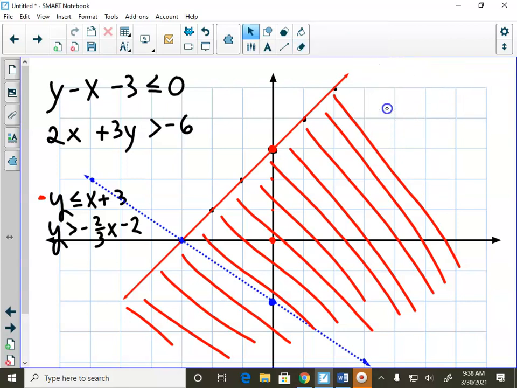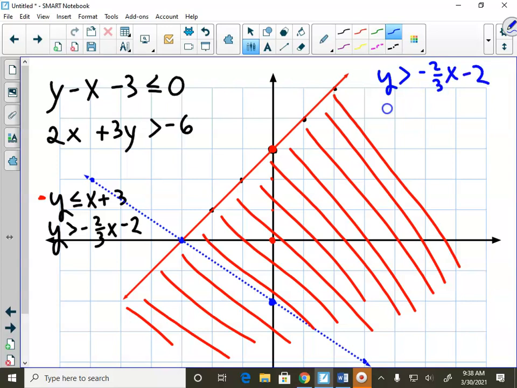Okay, and then we're going to do the same thing with the blue line. We have y is going to be greater than negative 2/3 x minus 2. Hopefully some of you are thinking about this already, saying, well, if less than meant I had to shade underneath the line, or lower, greater than means I have to shade above the line, which is true. So again, we can pick the 0, 0 point because it's not on that line.